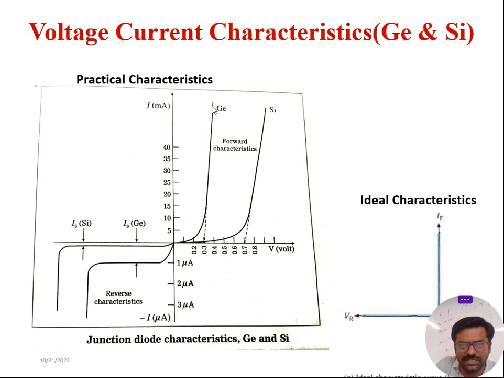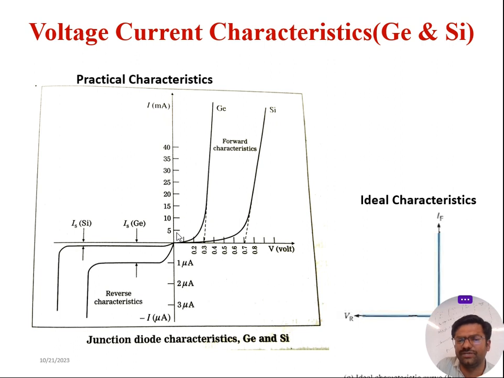This is the characteristic for germanium, and this is for silicon. Coming to reverse bias, this is the reverse saturation current for germanium, and this is for silicon. Silicon's reverse saturation current is very small, and germanium's is very high.